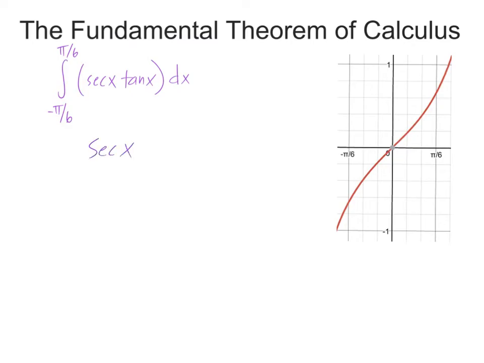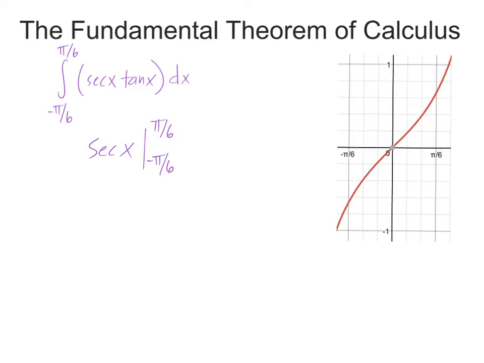Notice in this definite integral, there's no plus c's. When I have these limits of integration, that's a different process. I don't need to do a plus c at the end of these. I just need to do the limits of integration, top and bottom. Okay, so since the derivative of secant is secant tangent, the integral of secant tangent is secant.